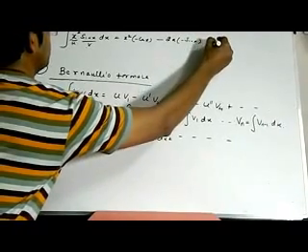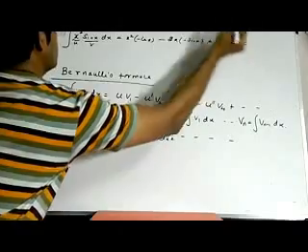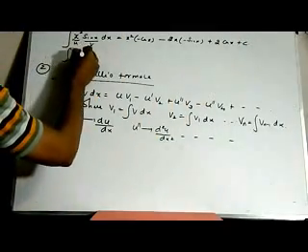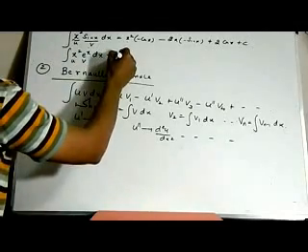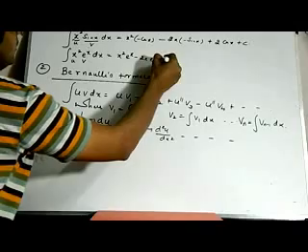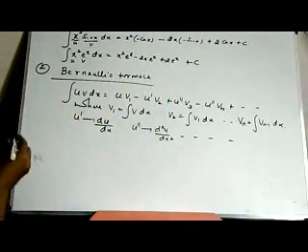Then plus 2 times the integral of minus sin x, which is cos x, plus c. So you can calculate this integral in one line. Similarly, for the integral of x square e to the power x dx, if I take this as u and this as v, then it will be x square e to the power x minus 2x e to the power x, then plus 2 e to the power x plus c.